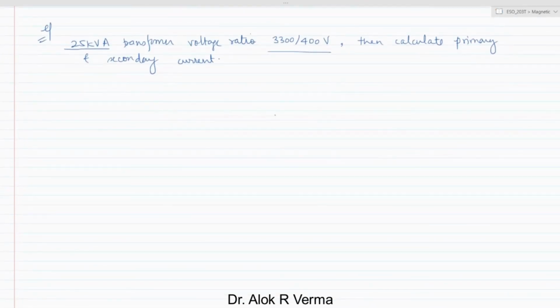Now we have to find the current. So kVA is nothing but V into I, right? And this is in K, so you can write it like VI by 1000, so that I1 is equal to kVA into 1000 by V1.